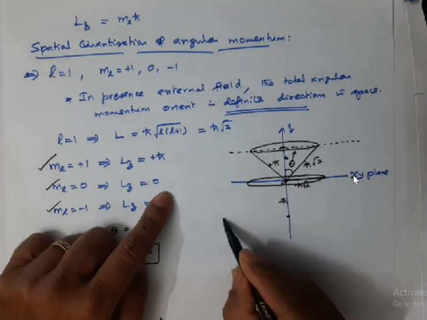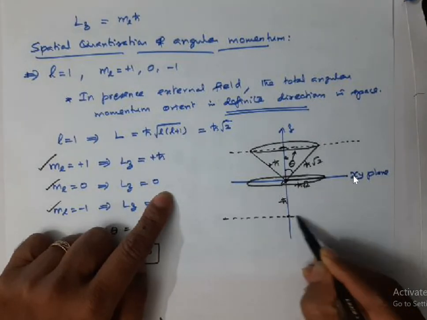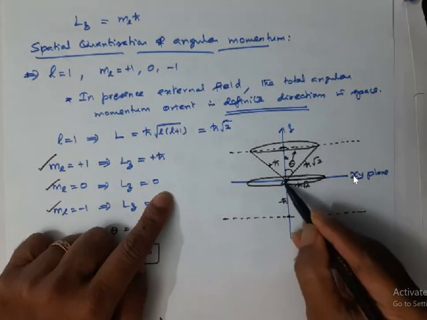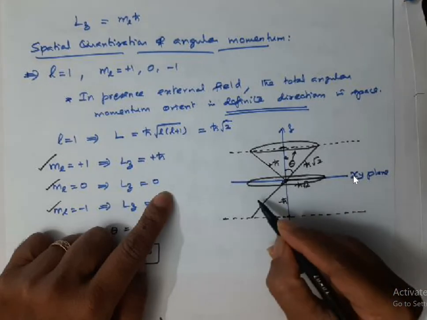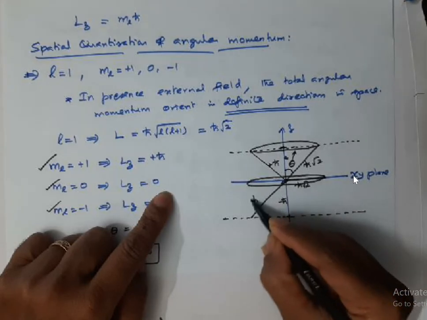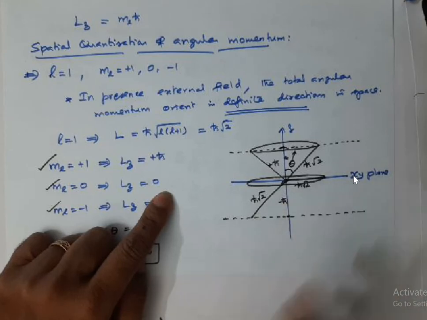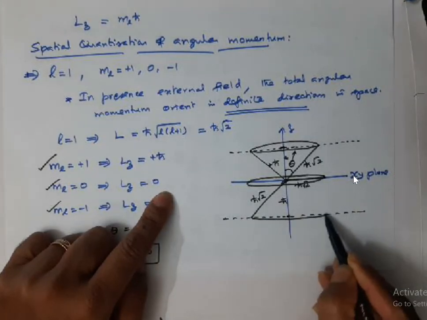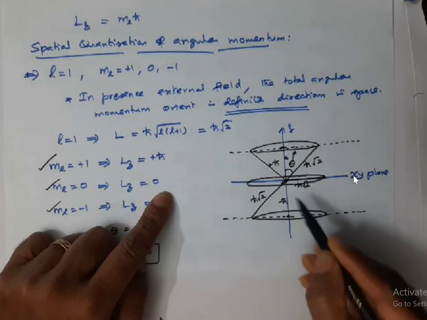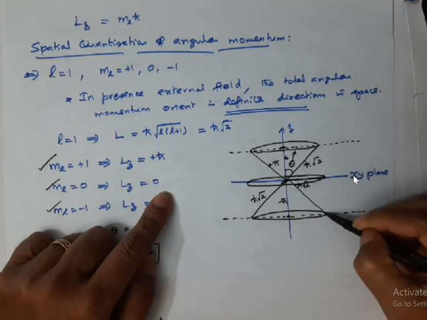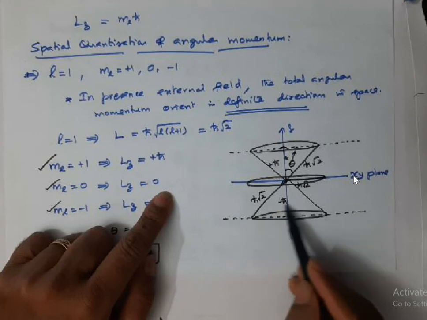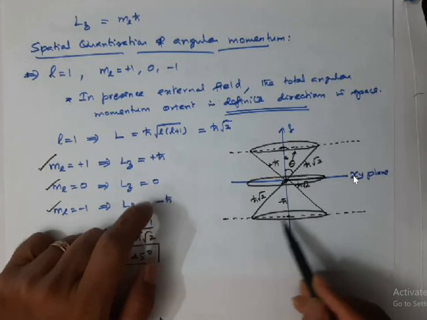Now I'll draw a dotted line. From the origin to this dotted line, you draw a straight line such that the length of this line is equal to h bar into root 2, which is the total angular momentum. And draw a cone here also. As I said before, the total angular momentum is present anywhere on this cone.